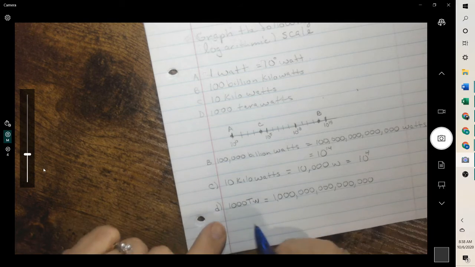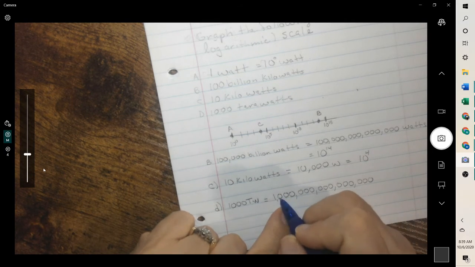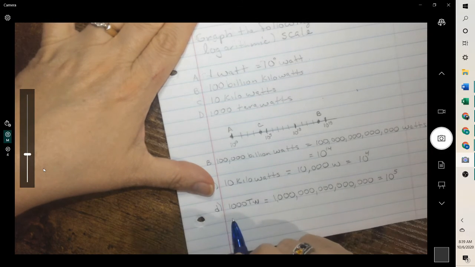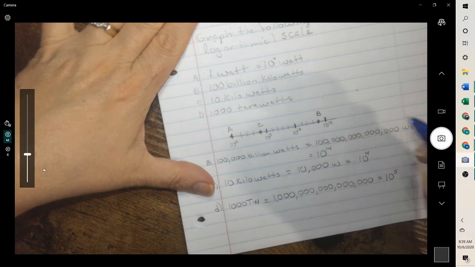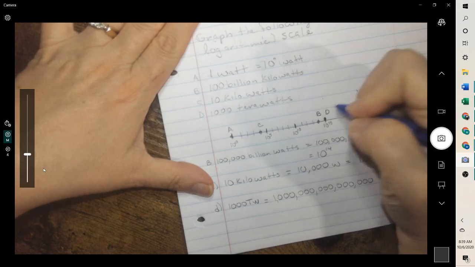Okay, they're all there. Trillion is 10 to the 12. So we have 12, 13, 14, 15. So 1,000 terawatts is 10 to the 15 and would be here.